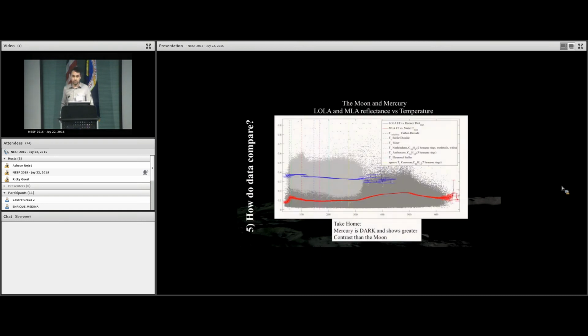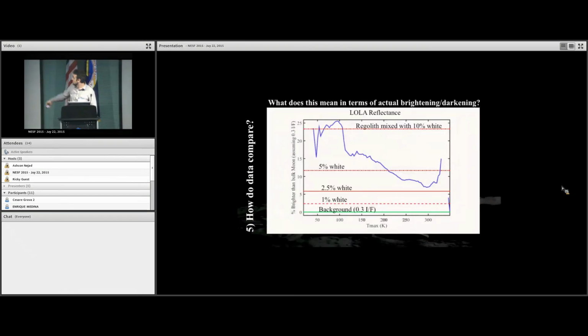Just to go over, here are the two data sets compared to each other. Take-home message here is Mercury is pretty dark and has a lot more contrast than we see on the moon. And here's just to show you what this actually means as far as brightening of the surface. On the moon, we're getting things that are up to 10% spatial area mixed in with some white material, assuming that ice was pure white on the surface.